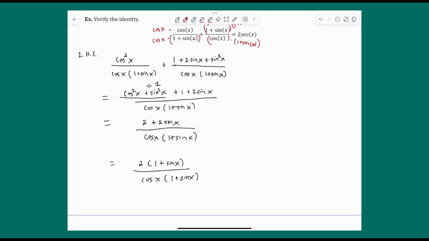And we can see that 1 plus sine of x will cancel on top and bottom there, leaving us with 2 over cosine of x, which is the same thing as 2 times 1 over cosine of x. And so using the reciprocal identity, we have 2 times secant of x, which is the right-hand side. And we have verified that identity.